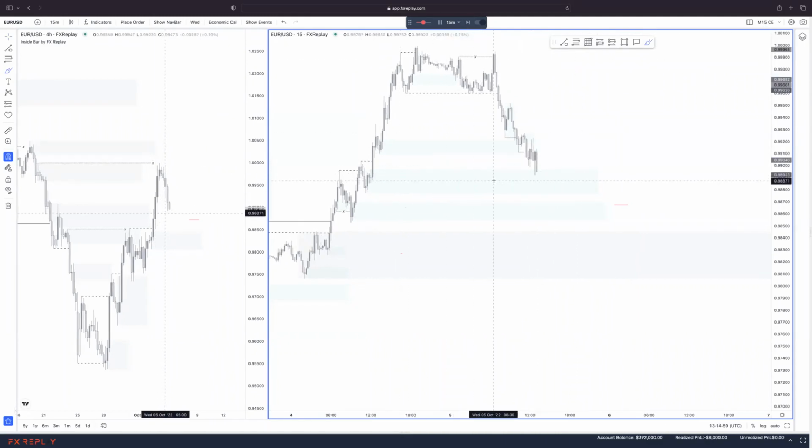So now obviously we've mitigated this demand here. Wouldn't consider leaving a risk entry here, even though it's pro M15 trend, just because internal's bearish. You know, when you think risk entry, you think full alignment.